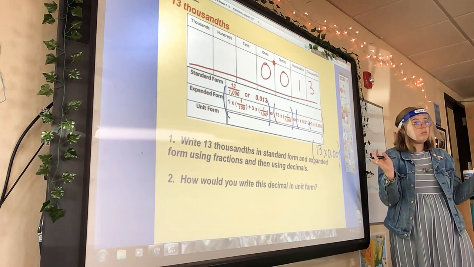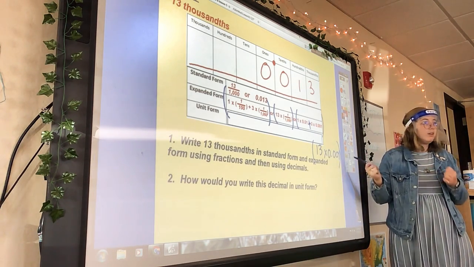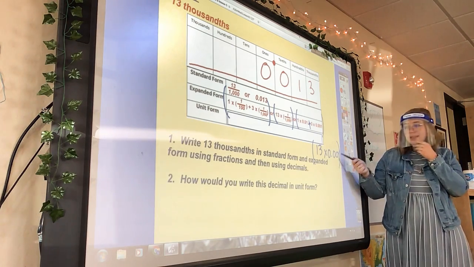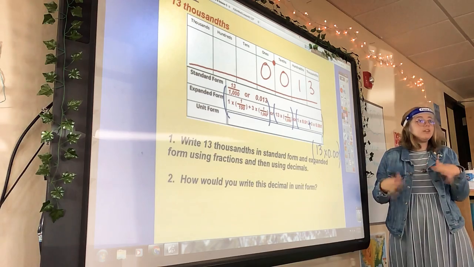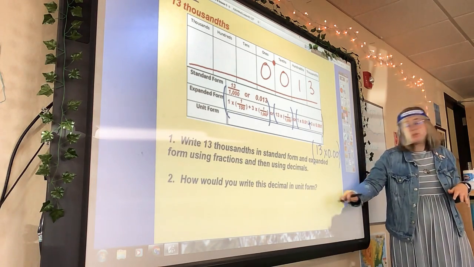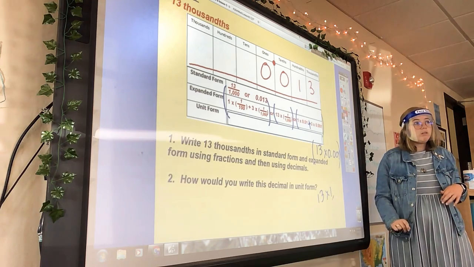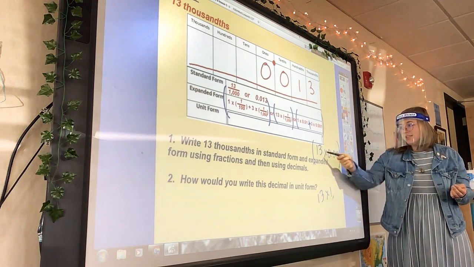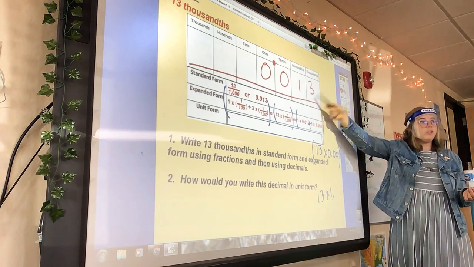Wouldn't it be 3? Because there's 3 thousandths. Because what's 3 times 3? If we were to have a 3 there, what's 3 times 3? Yeah, and that's incorrect. We have 13. So Charlie, what's 13 times 1? 13. So 13 times 0.001 would give us 0.013.